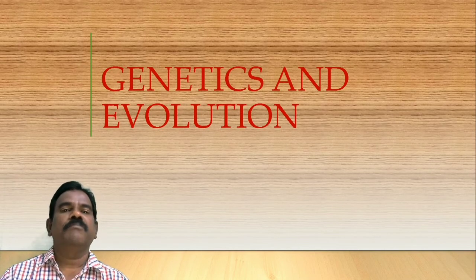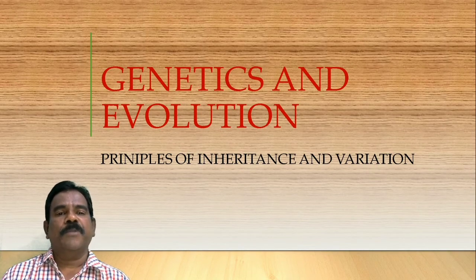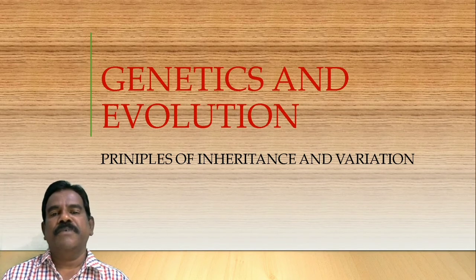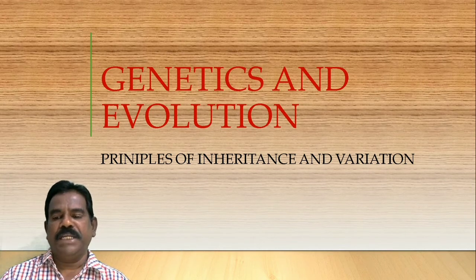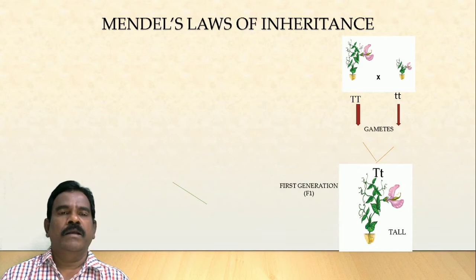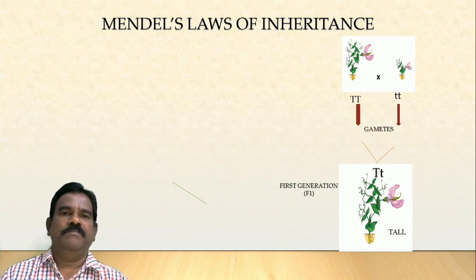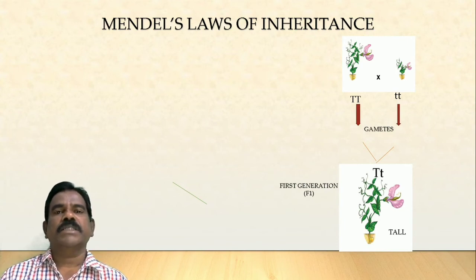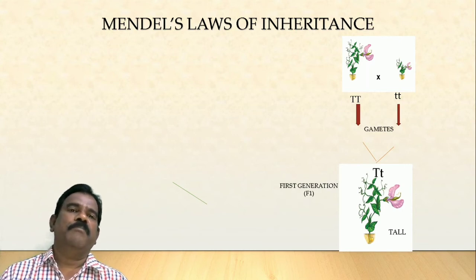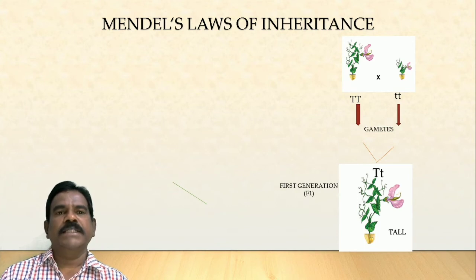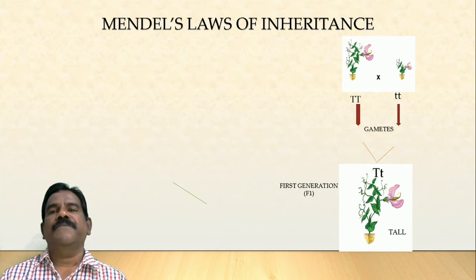In this, the first topic is principles of inheritance and variation. The principles of inheritance or laws of inheritance are based on the research work that has been done by Mendel. So hence these laws are also called Mendel's laws of inheritance.